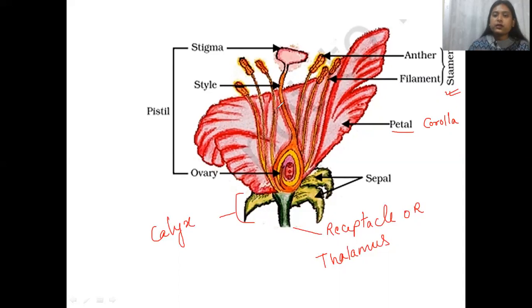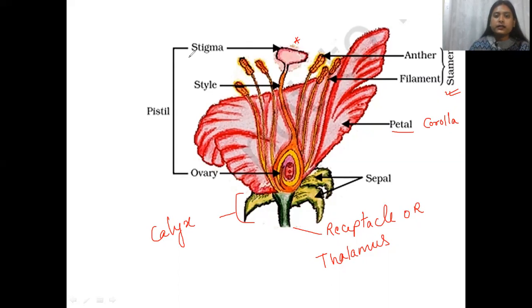In case of the gynoecium or the female reproductive part, this is the female reproductive part, this one. It is also divided into 3 different structures. First, this structure is known as the stigma. The slender structure is known as the style, and this particular swollen structure is known as the ovary.